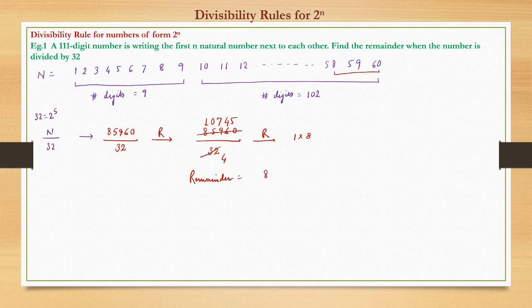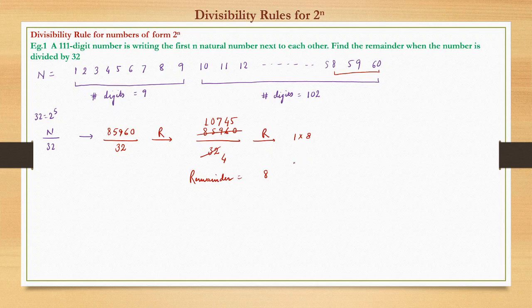Those of you finding it difficult to comprehend why the remainder is there, you may refer to our session on remainder theorems. But this is very basic and quite easily comprehensible, so not to worry much here.